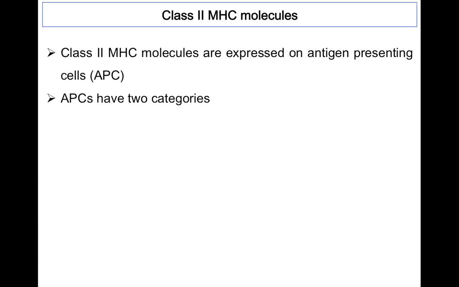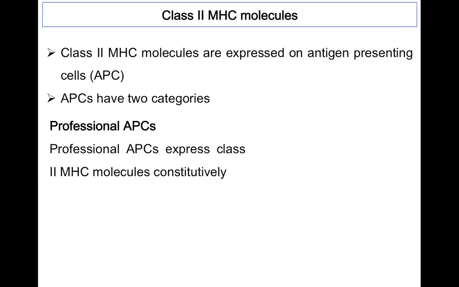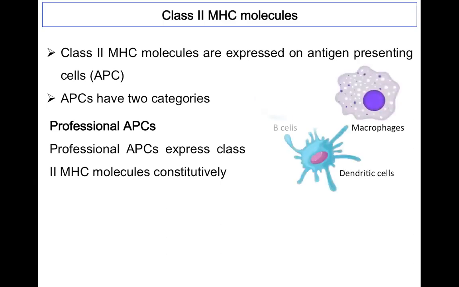So what does APC mean? APCs have two categories. One we call professional APCs, which express the class 2 MHC molecule constitutively. They are permanently expressing the class 2 MHC molecules. Examples of such professional APCs are B cells, macrophages, and dendritic cells.